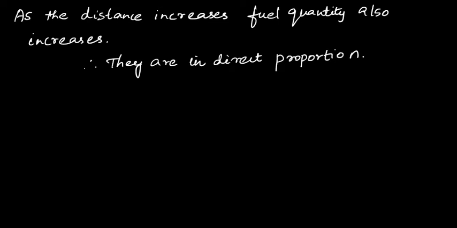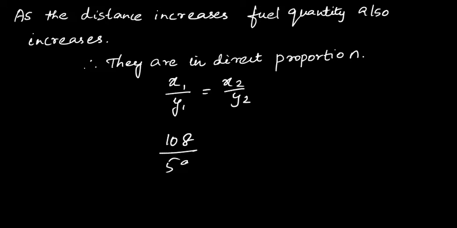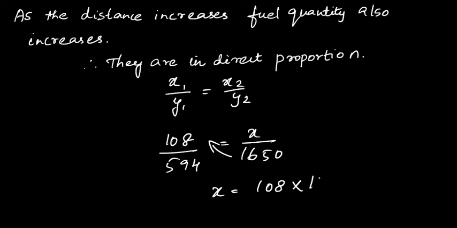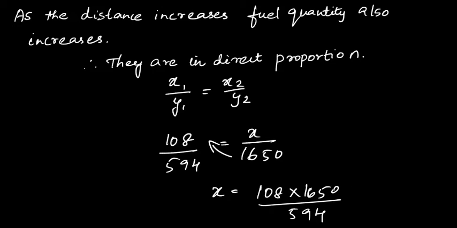So for direct proportion, we have x1 by y1 is equal to x2 by y2. The values are 108 divided by 594, which is equal to x divided by 1650. So from here, x value is equal to cross multiply, 108 into 1650 divided by 594. So we can cancel 108 and 594 using the 9 table.